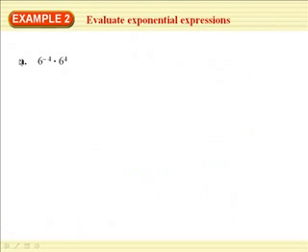So here, look, the bases are the same. So that's that product of powers property. So bases are the same, you add them. That'll be 6 to the 0 because negative 4 plus 4 is 0, which is 1. That's it.